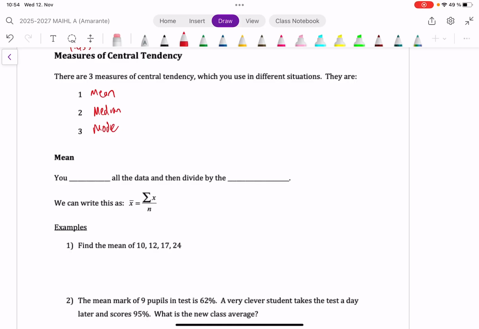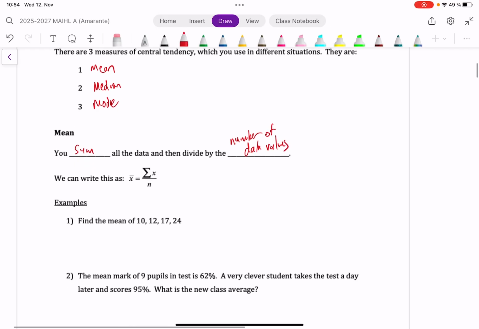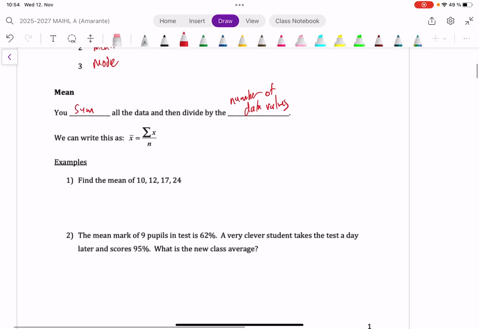So for mean, you sum all the data, so add it up, and divide by the number of data values.